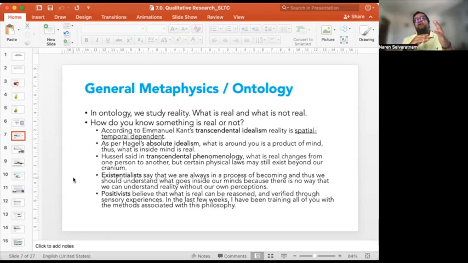So these are all different philosophies. And then we have positivists who say that what is real can be reasoned, which means it has to be rational, and verified through sensory experiences. Okay, now we are talking. So what is happening inside my mind is real. What is staying outside can be real. We can reason what is real and what is not through logically derived arguments.